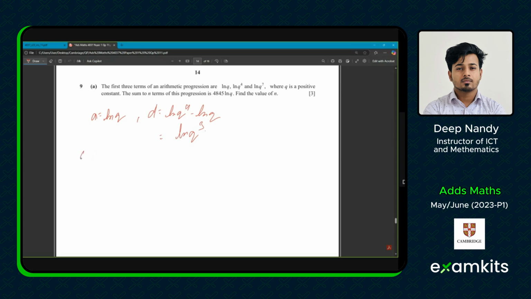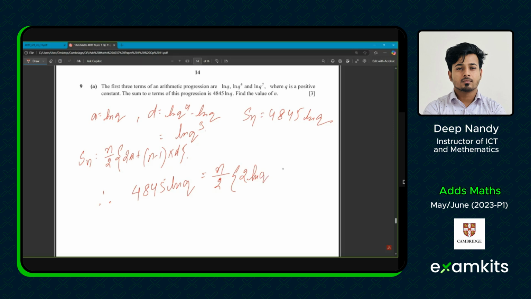And the sum of n terms, S_n, equals to n by 2 times 2a plus n minus 1 times d.